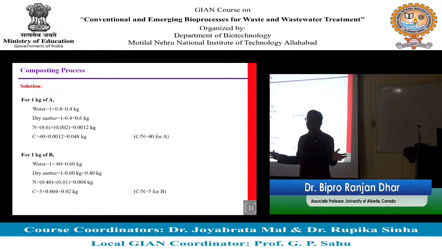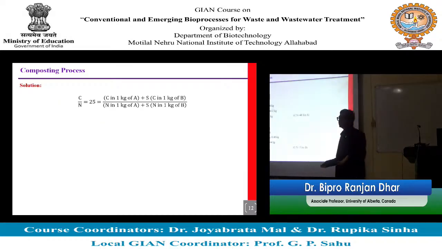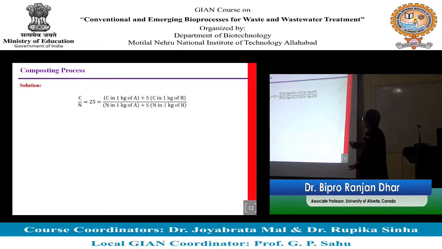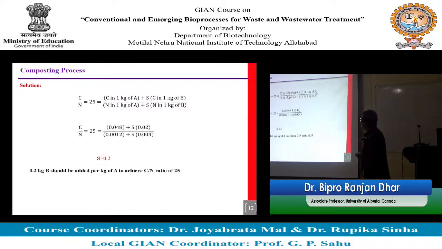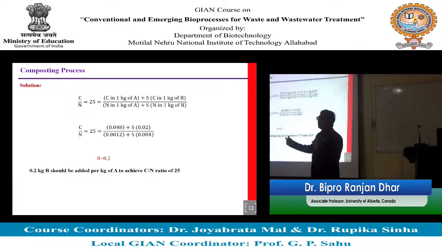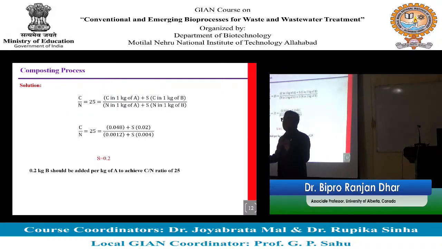Now I am ready to use my equation and plug those numbers in. S is 0.2. That means with 1 kilogram of feedstock A, I have to add 0.2 kilogram of feedstock B, and that will give me a carbon to nitrogen ratio of 25.